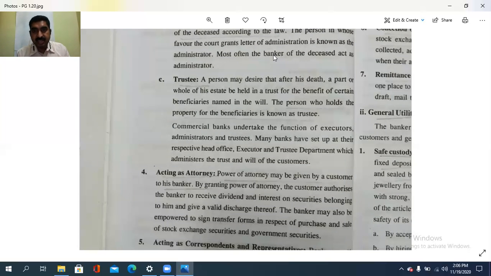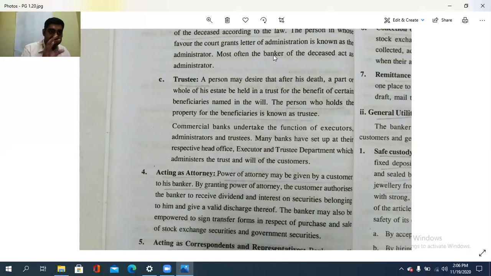A person may desire that after his death a part or whole of his estate, either half or three-quarters of it, is to be given to a trust, a trustworthy body or a voluntary committee you could say, for the benefit of certain beneficiaries named in the will.